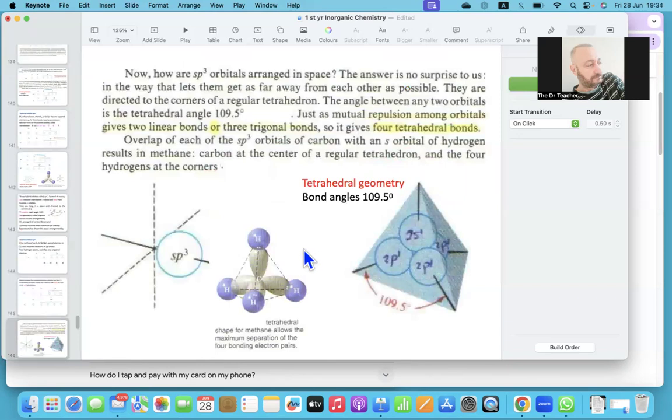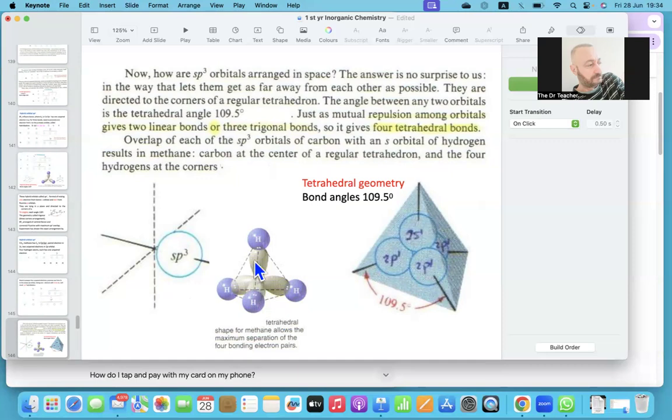And that's the structure. It's tetrahedral. Tetrahedral means 4 faces. This is 1 face, second behind, third underneath, another face, and it is 4 faces, or tetrahedral. So the tetrahedral shape has sp3 hybridization.